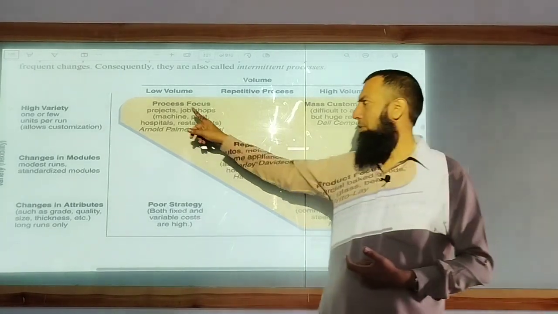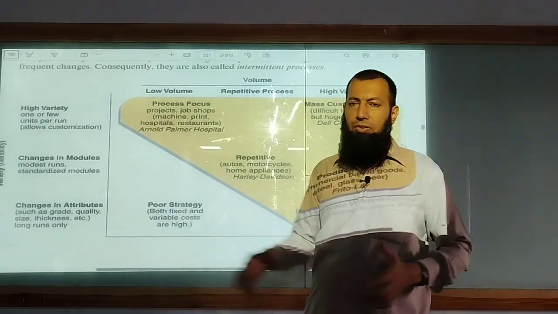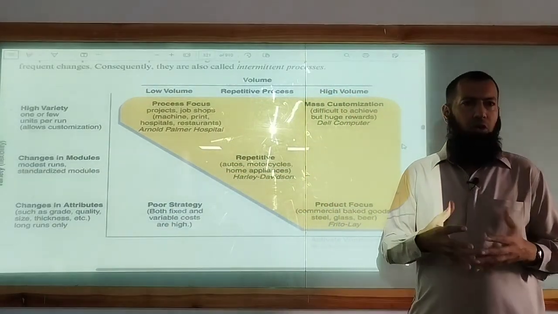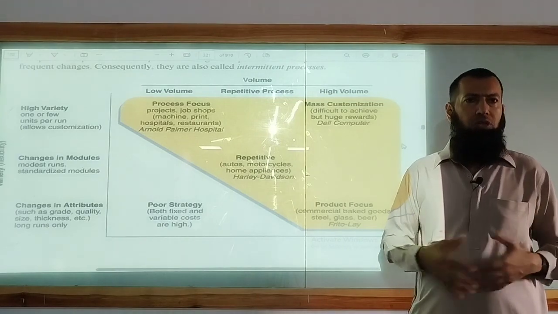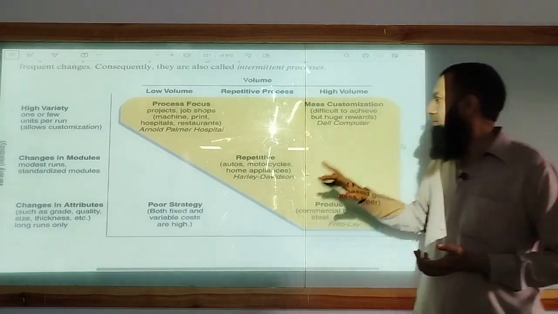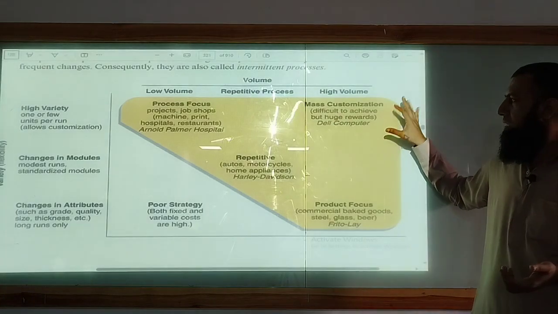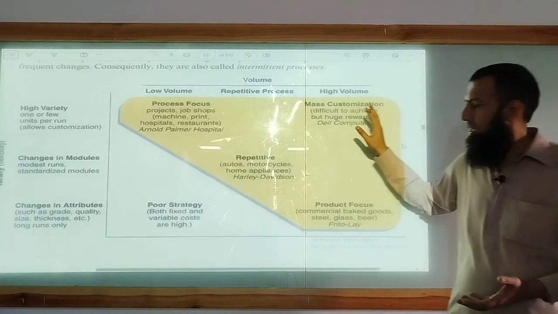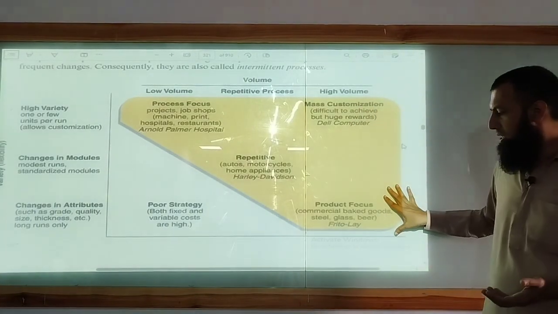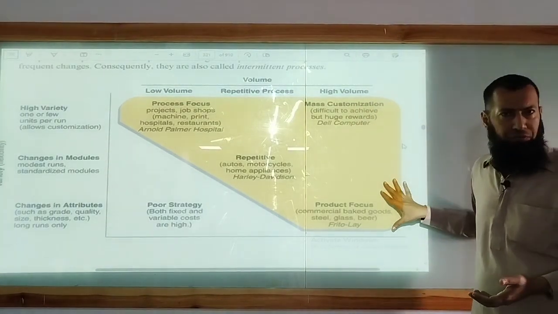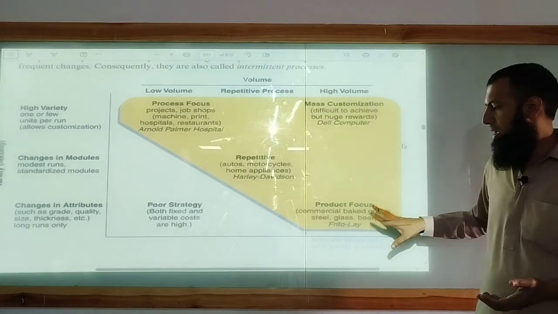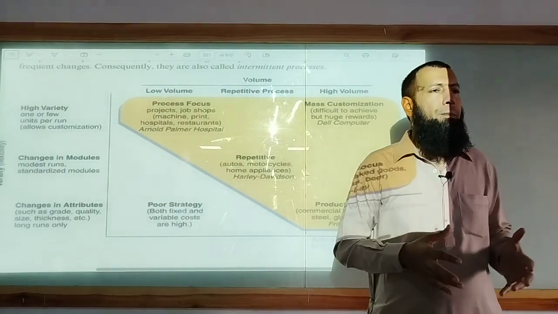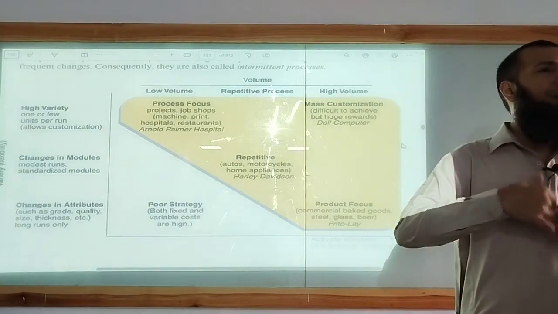And when we talk about the process, it means specialized working is going on. Restaurants, hospitals. Mass customization is when we talk about Dell computers. The product focus is Frito-Lay, when we manufacture goods in bulk.